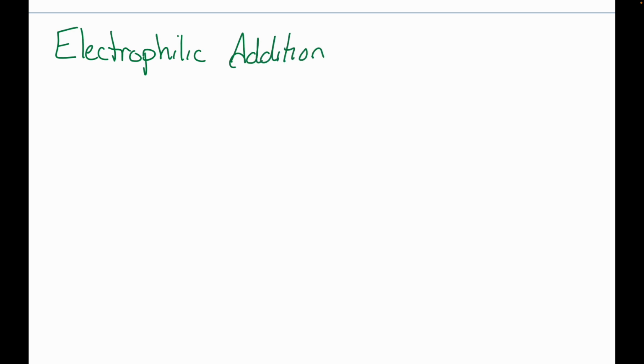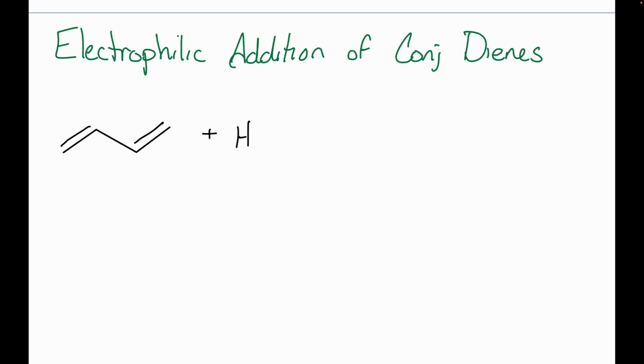Just looking at our chemical equation here, we have our conjugated diene plus that electrophile. And we have two potential products here.